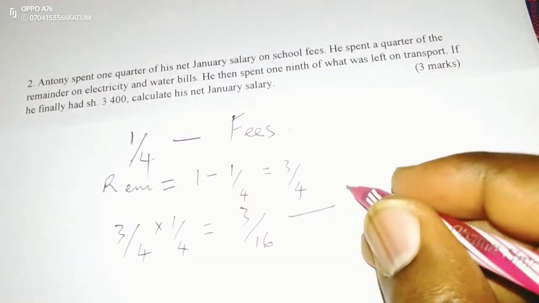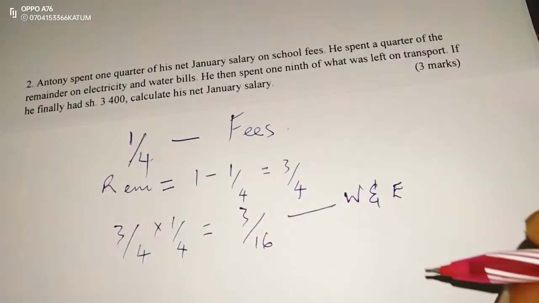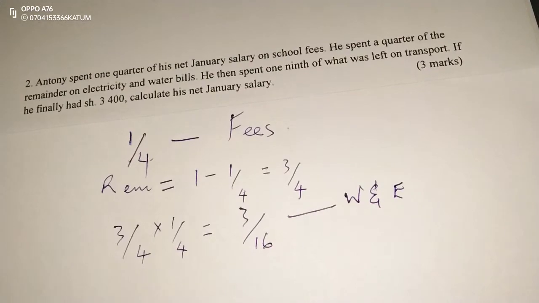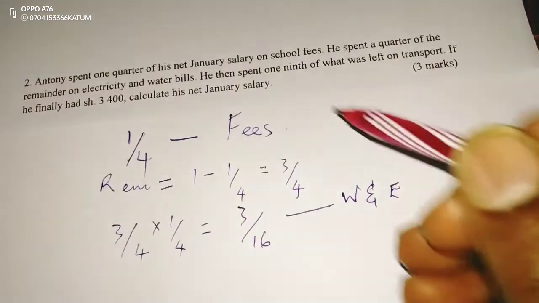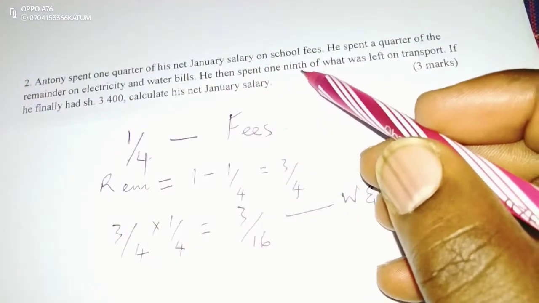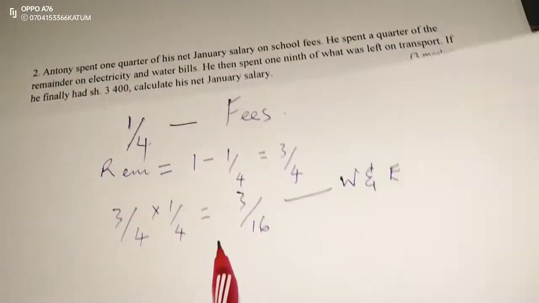And this one is going to water and electricity. So water and electricity is 3 out of 16. Then he spent 1/9 of what was left. So what is left now?